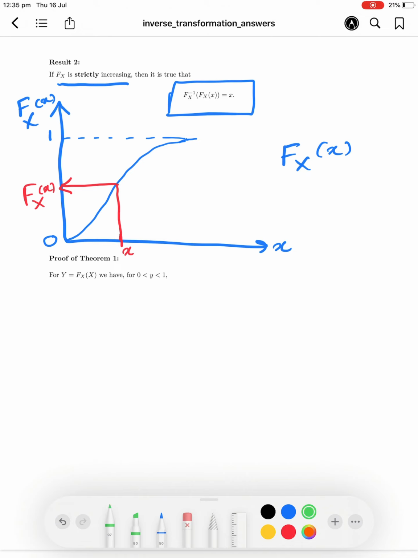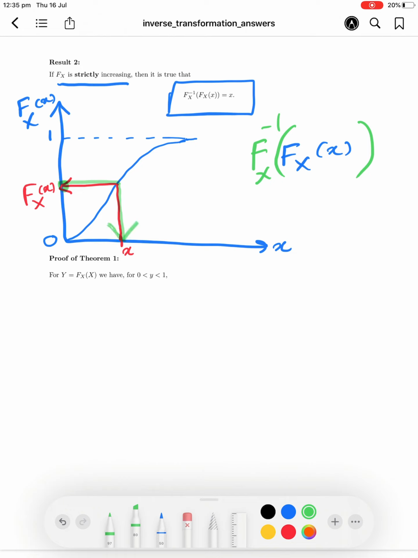What about the other way around? If we consider the Fx inverse of this, then that means you start from here and move towards the other way around.